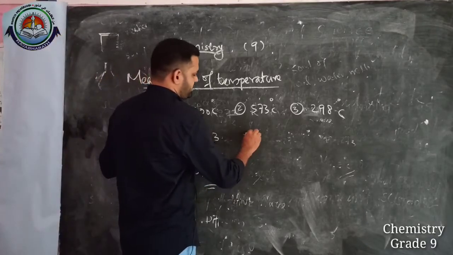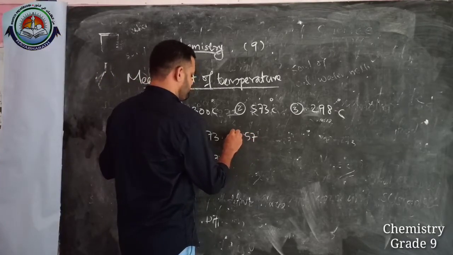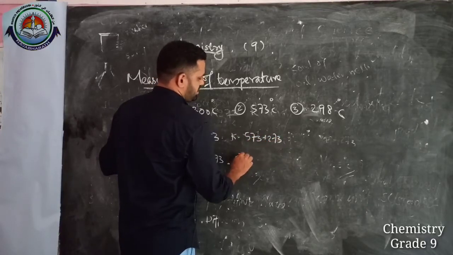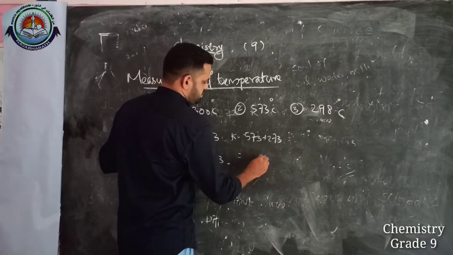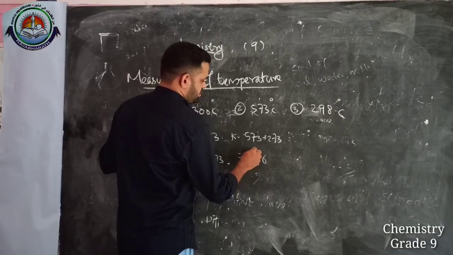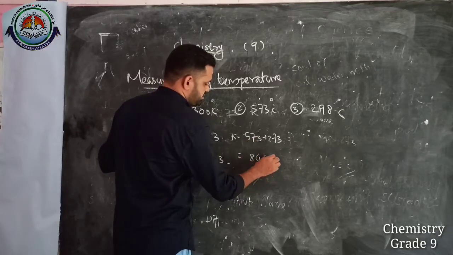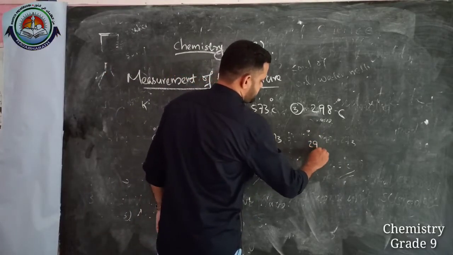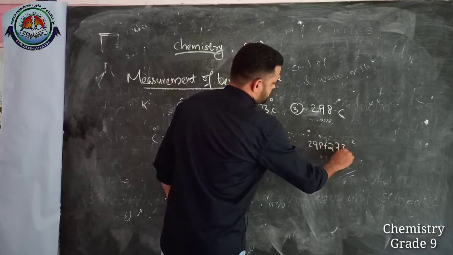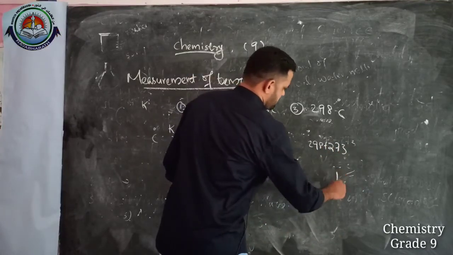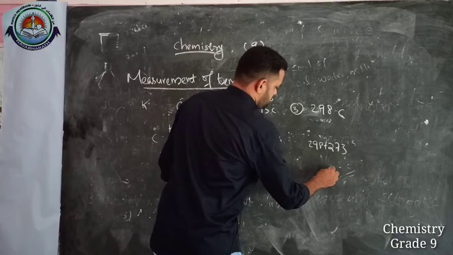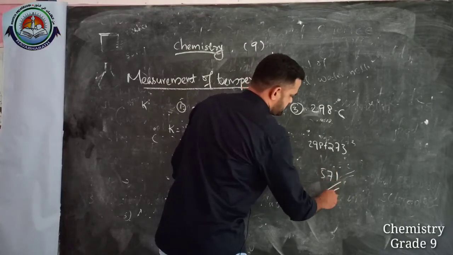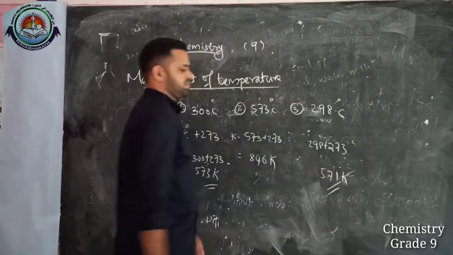And 573 into Kelvin scale: 573 plus 273 is equal to 846 Kelvin. Then here 298 plus 273 is equal to 571 Kelvin.